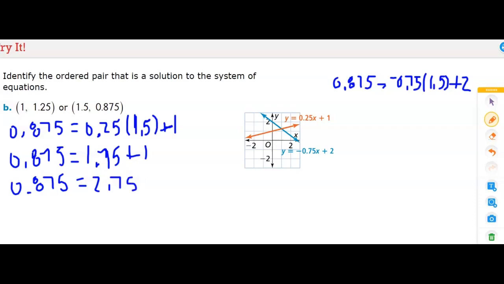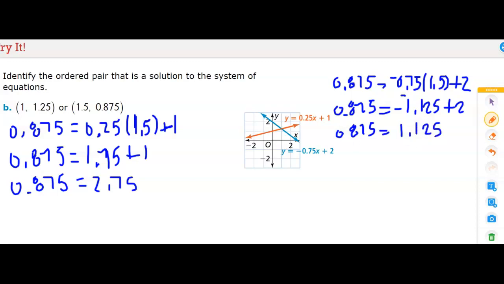Then the next one, excuse me, we have negative 0.75 times 1.5 equals negative 1.125, plus 2, which would be 0.875 equals 0.875.